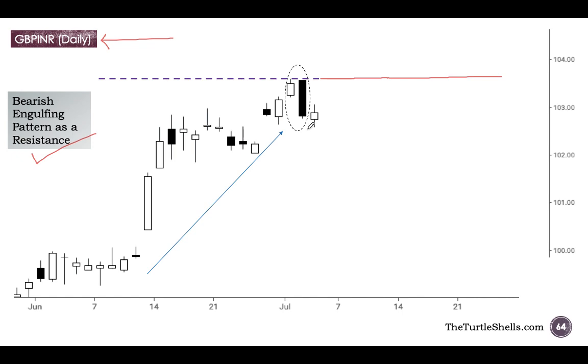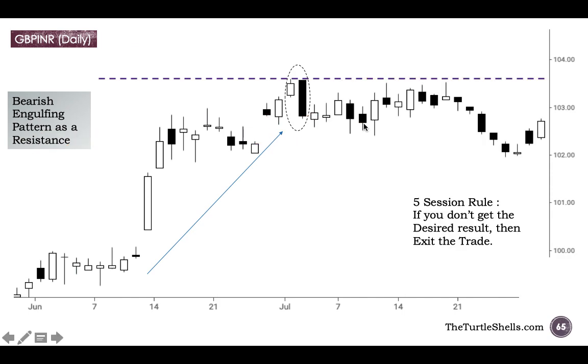Now, ideally I wouldn't take a trade here because there is a gap. I will talk about gaps later because that gap becomes a support area because it's a rising window. In Japanese candlesticks terminology, they call it a window because it's a price vacuum. But that's not the point here. The point here is the bearish engulfing pattern becomes resistance, and as you can see here, this resistance, it's a daily chart, has held for quite a few days.